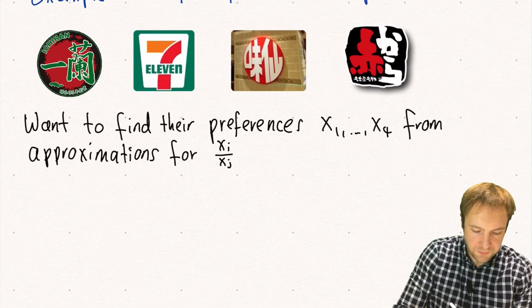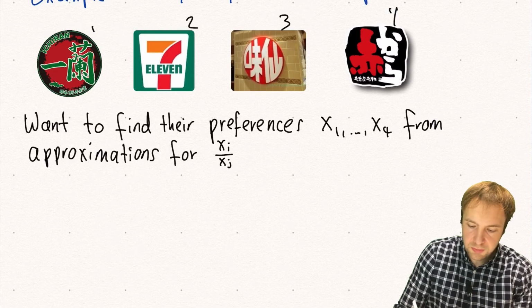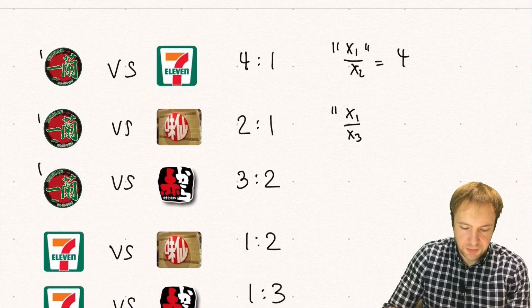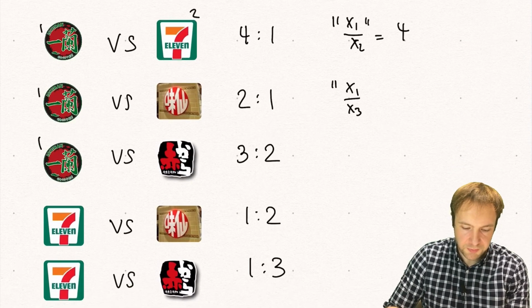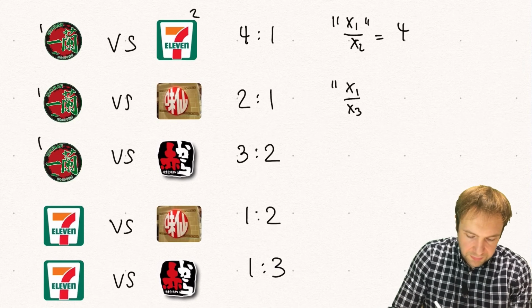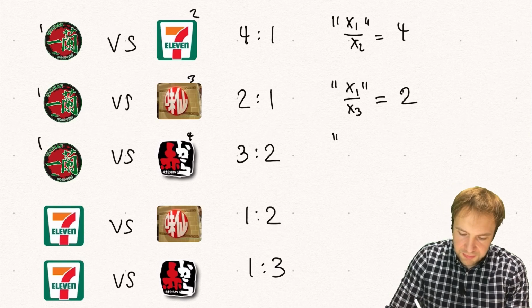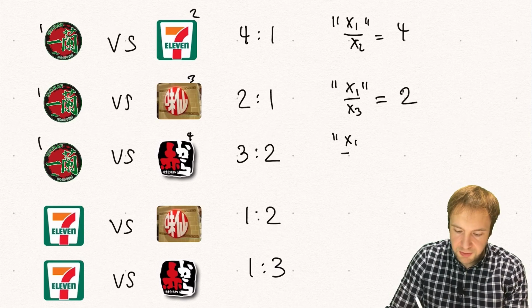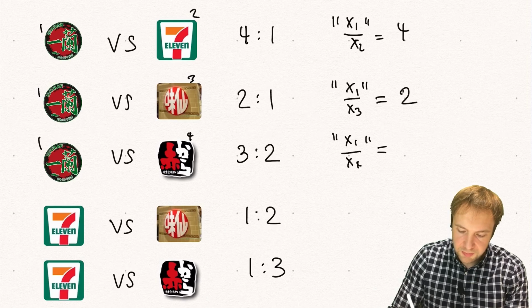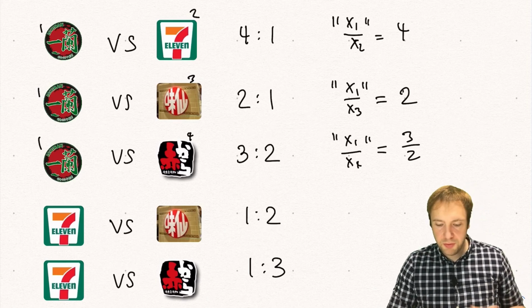We have 1, 2, 3, 4. 711 was number 2. So this is just the order, not the importance. Here we had the approximation 2, and here this means that we have the approximation for this value to be 3 over 2.